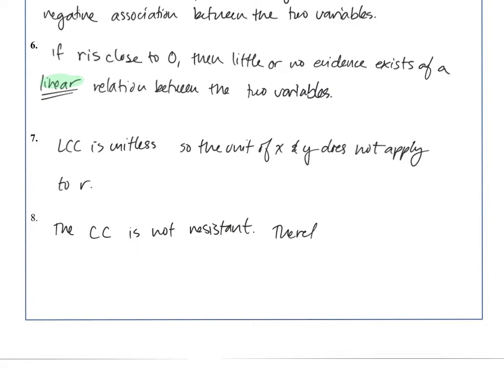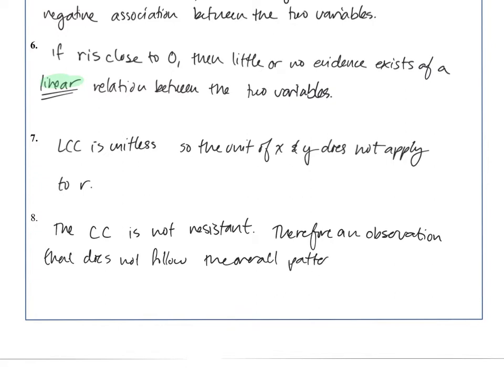So therefore, an observation that does not follow the overall pattern could affect the data. For more examples of what different types of relationships look like, you can look on page 176 to get an idea of some of the different values for r and what kind of relation it might graph.